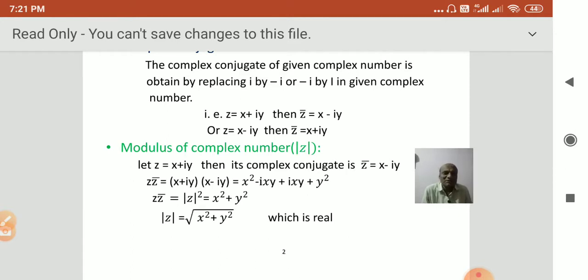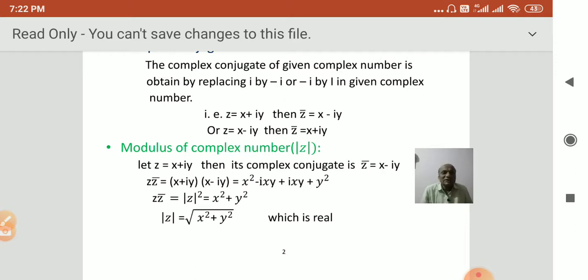First X multiplied by X, so X square. X multiplied by minus iY, so this is minus iXY. Then iY multiplied by X, so this is plus iXY. And the last one is iY multiplied by minus iY, so it is minus i square Y square. Here when we do the i square, it will be minus 1, and minus minus becomes plus.